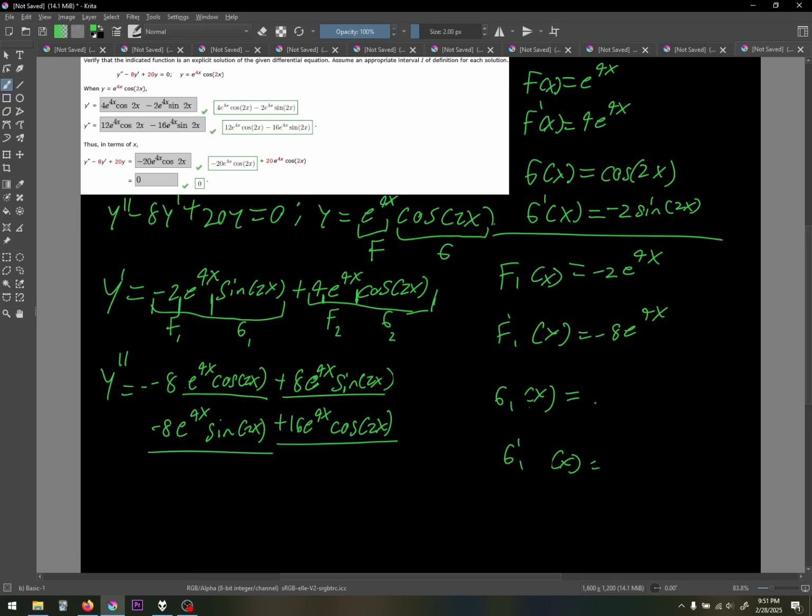Okay, this is working out better. And then sine of 2x, well that's actually going to be the same. Sine is negative cosine.